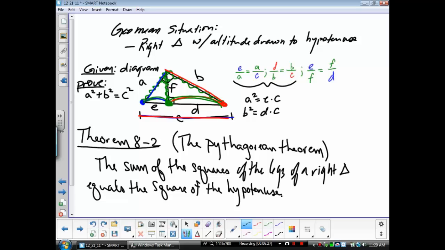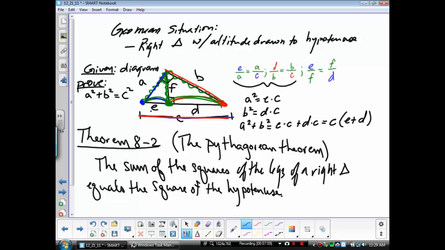If I add these two equations together to get a squared plus b squared, I will have a squared plus b squared equals EC plus DC. Since C is a common factor, I will factor C out, leaving C times E plus D. If you look at E plus D, take a look over here, E plus D. What is E plus D?